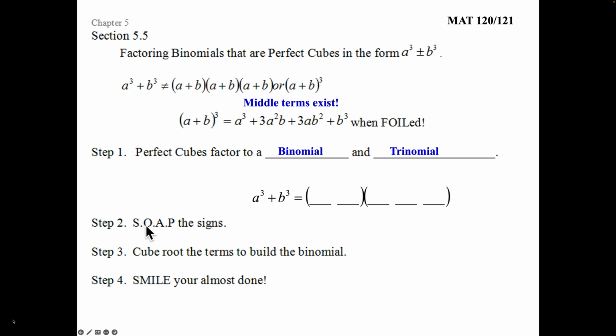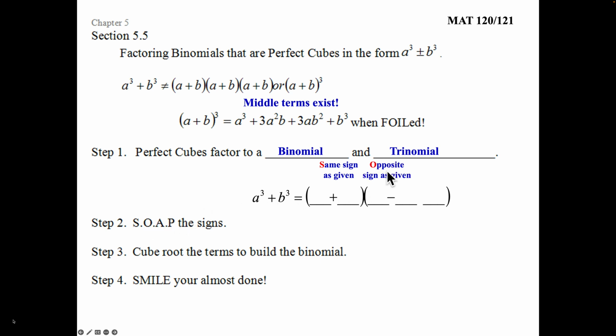Now, you need to clean up your signs, and to clean anything you have to have soap. Soap is going to stand for something. S stands for the same sign as what you have been given, so this binomial sign is always the same sign as the binomial that you're asked to factor.